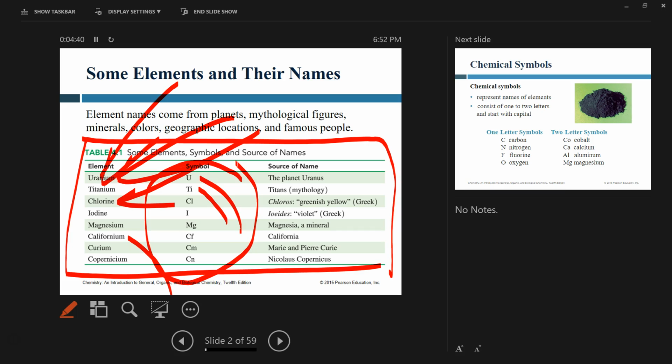For instance, you may ask, okay, curium, why is it Cm and not Cu? Because Cu was taken by copper, okay? So we can't name it Cu. Copernicium, why can't we name it Co? Because Co is taken by cobalt. Does that make sense?